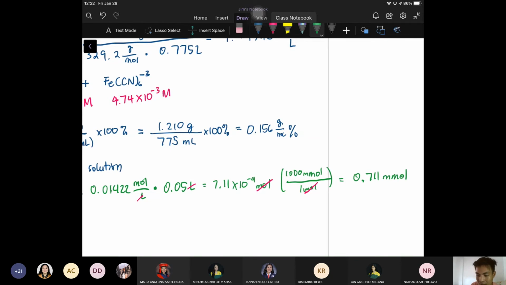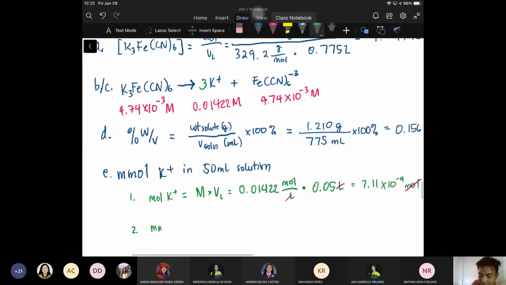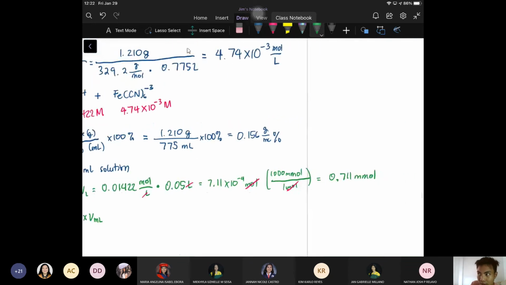Haba, no? Haba ng solution. Ito yung shortcut. You can directly solve millimoles. How? You multiply the molarity by the volume in ml. Okay? Bakit? Kasi tignan nyo ha. Okay, so ginawa natin, we converted ml to liters by dividing it by 1,000, di ba?